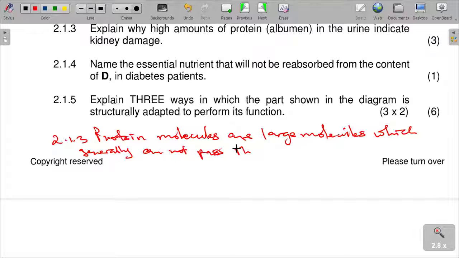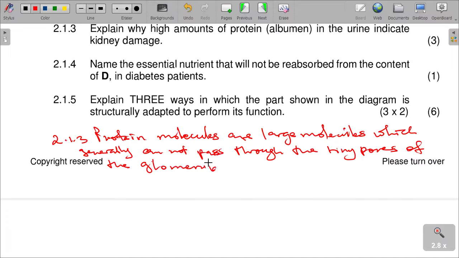Not passing through the tiny pores into the capsular space.